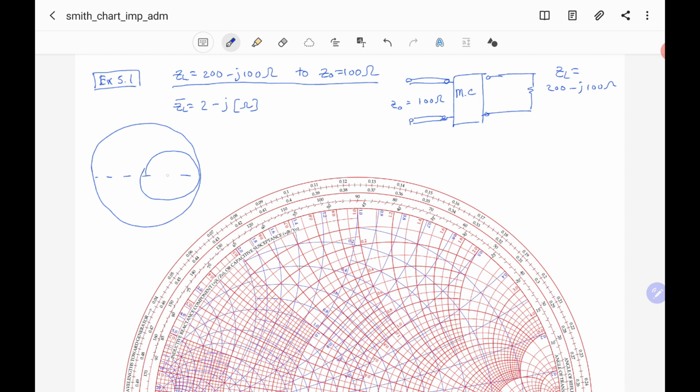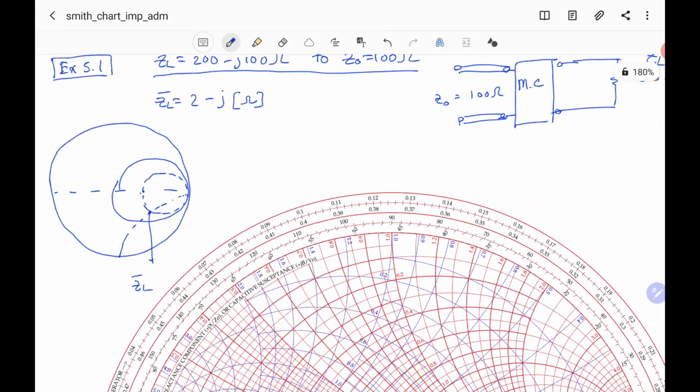So 2 means maybe over here, higher impedance. And then minus j1 is here. This is the r=2 circle, and then x equals minus 1 circle. Here is the intersection, so this is the normalized ZL.